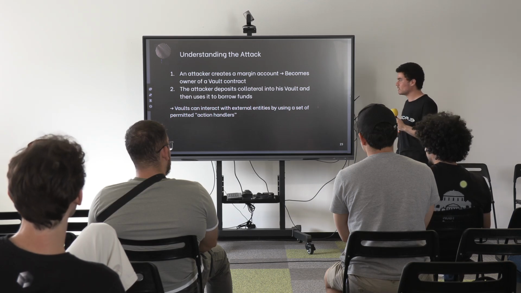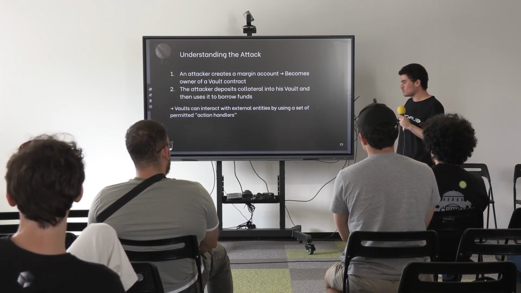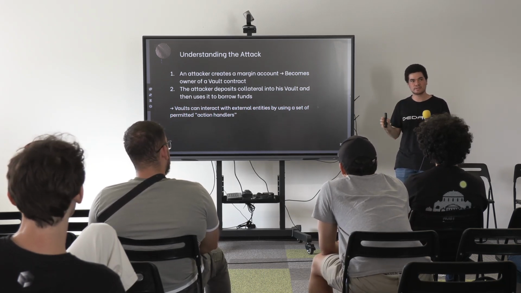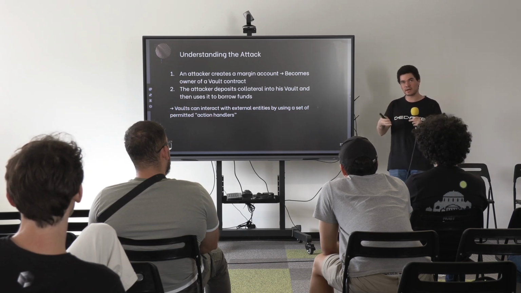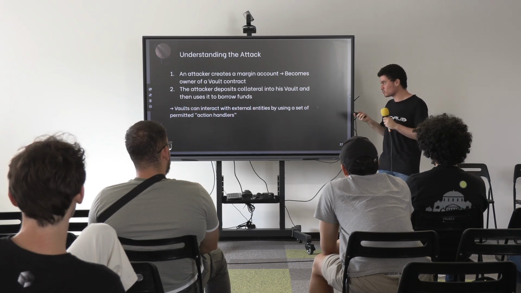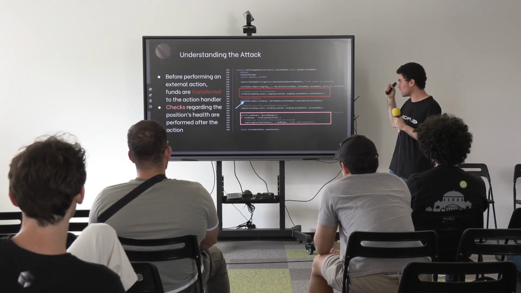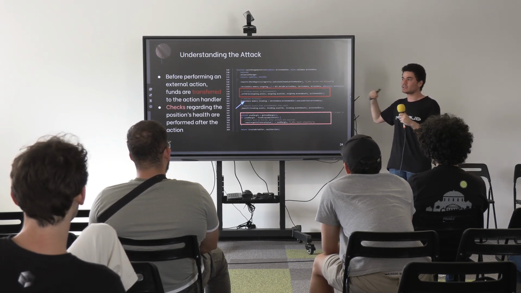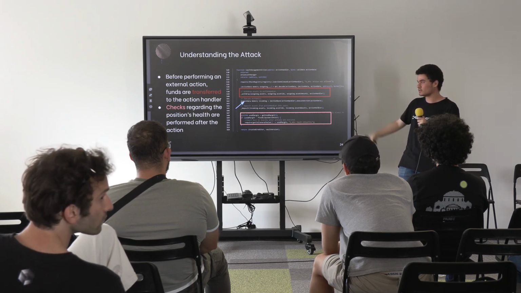Before checking the code, vaults seem a bit like wallets, right? So you have to be able to interact with other on-chain entities. And in order to accommodate that, Arcadia allowed for permitted action handlers to be called.